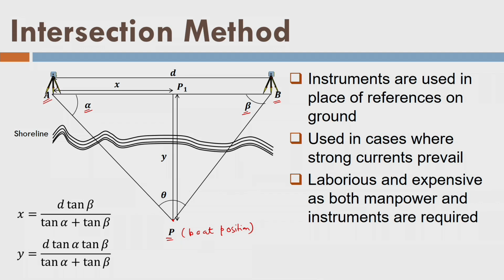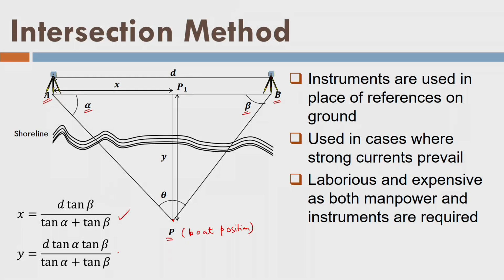A person in the boat will raise a flag, and on the flag we take observations from control point A and control point B. So we have measured angles alpha and beta. Since we know the distance D, I can find the coordinates x and y of point P by these formulas.